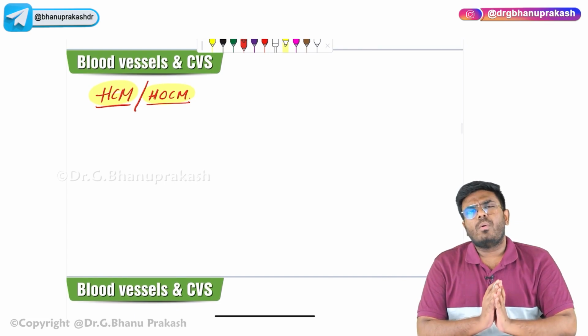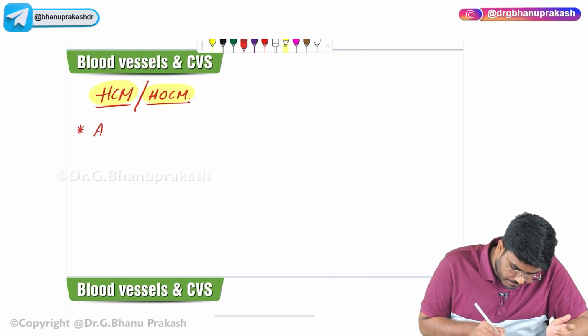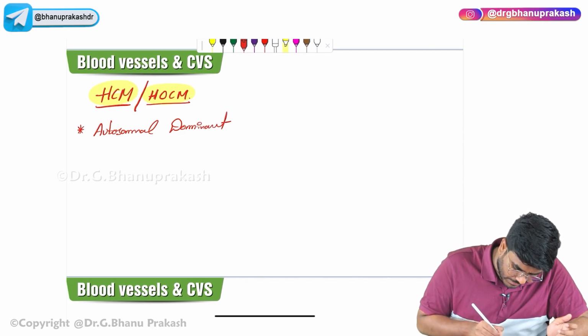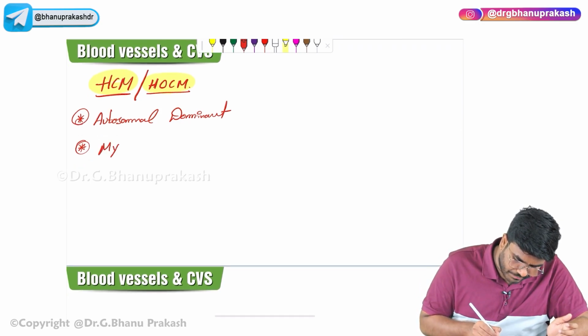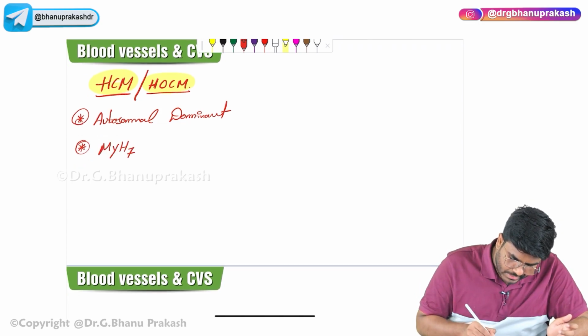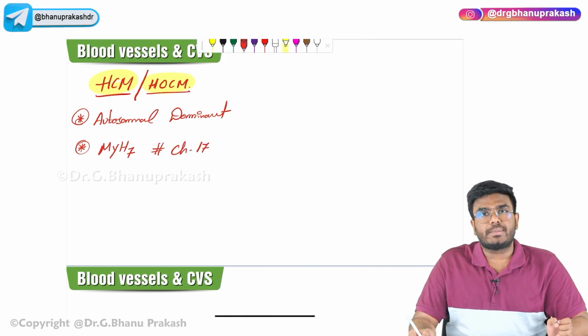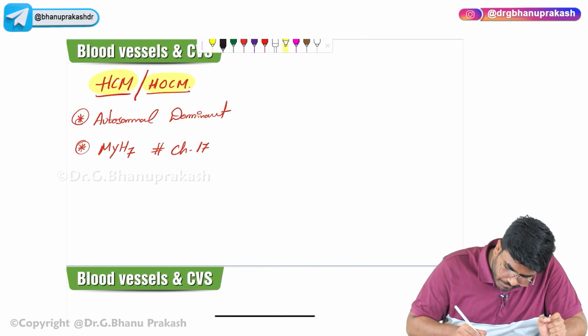Now, what exactly is this HCM? It's an autosomal dominant condition because of a gene mutation. Which gene mutation? MYH7 gene mutation on chromosome number 14. This gene is mutated. Because of this gene mutation, which proteins are going to be defective?